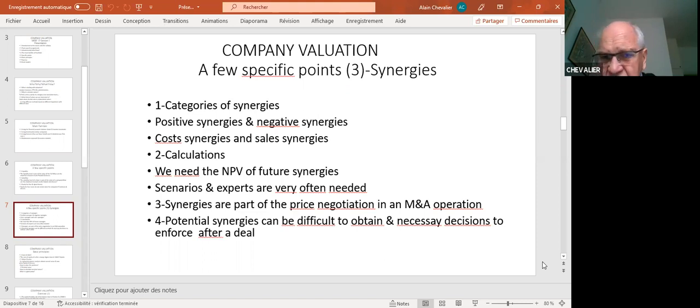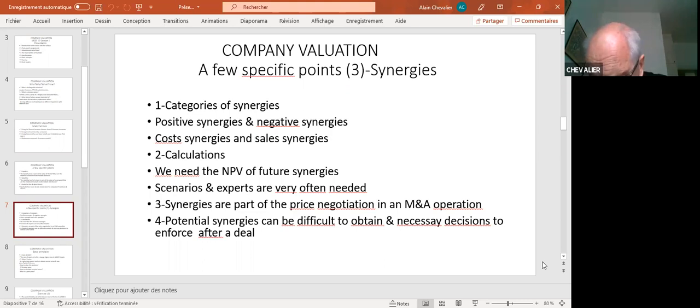Also teams which are different in terms of background, traditions, style of management. And when they have to merge, they are not really able to merge. And there is value destruction at that level. So synergies can be calculated and introduced in the value calculation, and we expect them to be positive, but sometimes they are also negative.